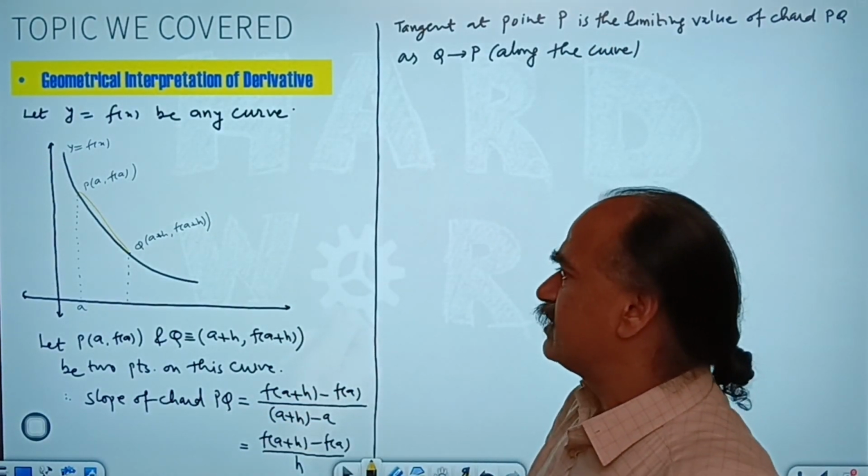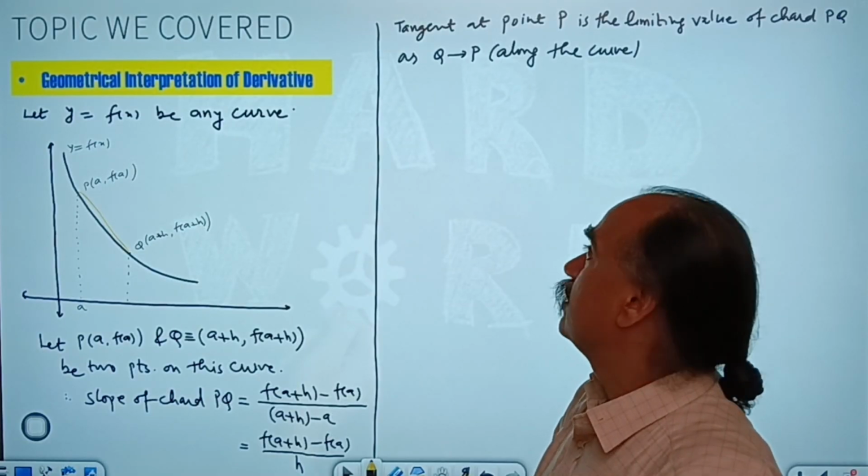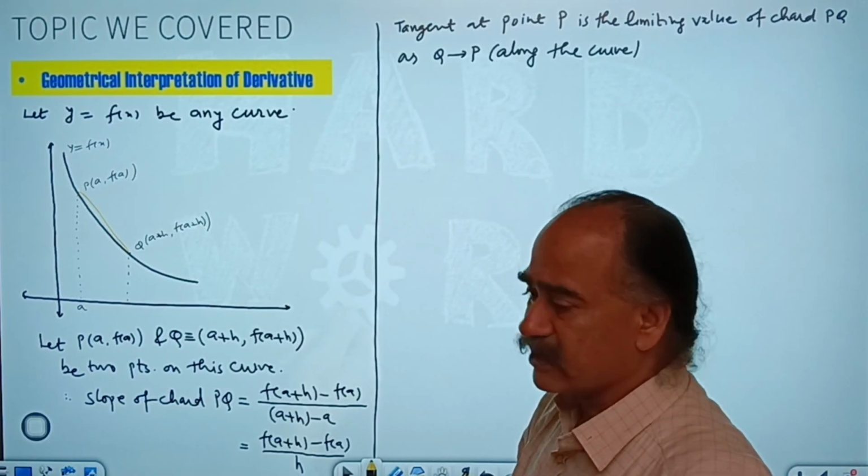Tangent at P is what? Limiting value of chord PQ as Q approaches P along the curve.